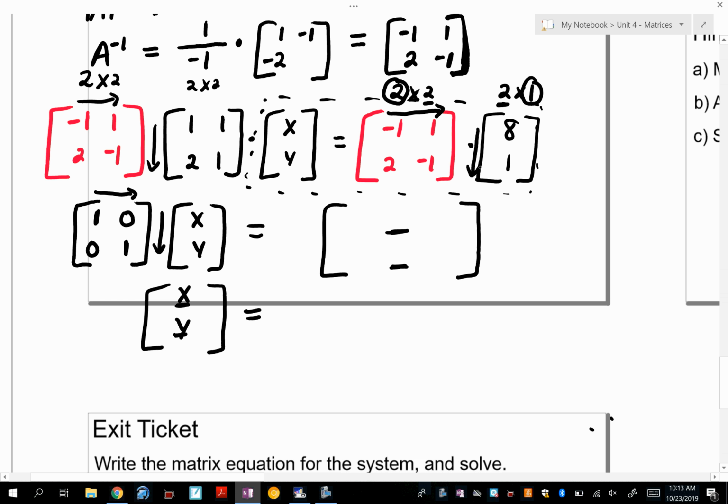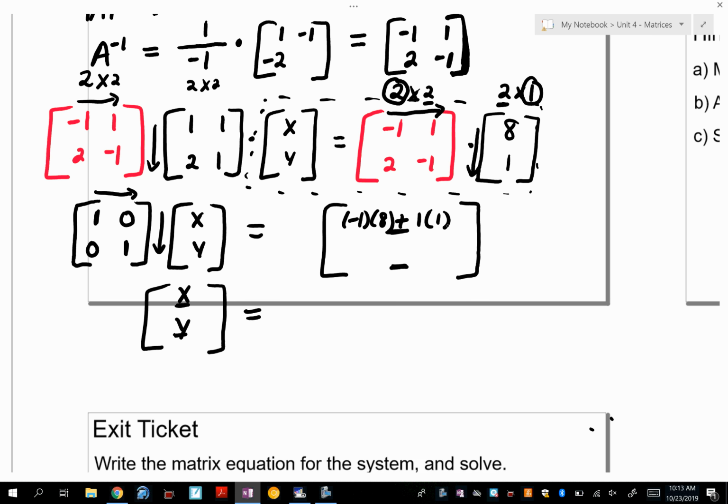All right, so here we go. -1 times 8. Plus 1 times 1. Aviana, question? We're multiplying. -1 times 8 plus 1 times 1. That's what we did last week.